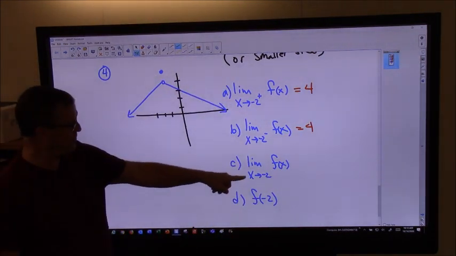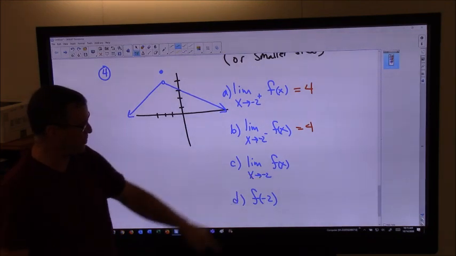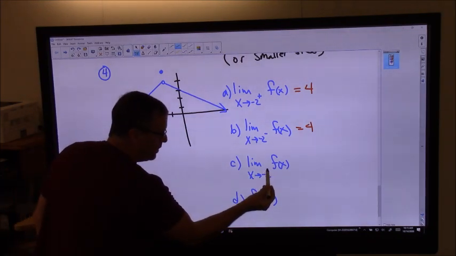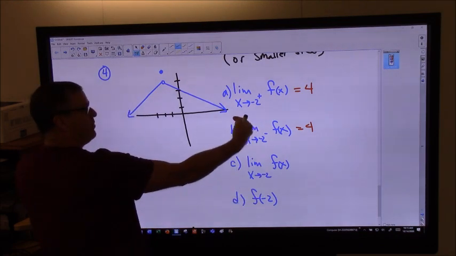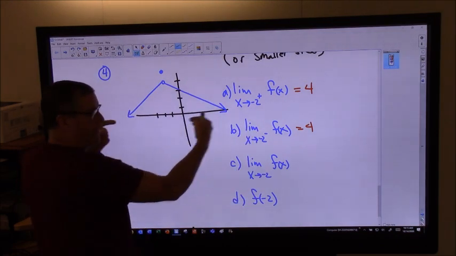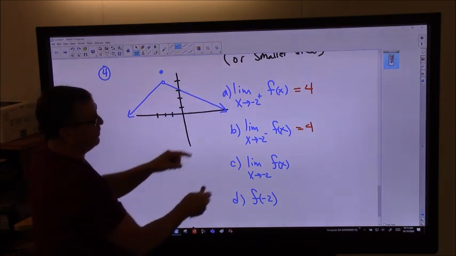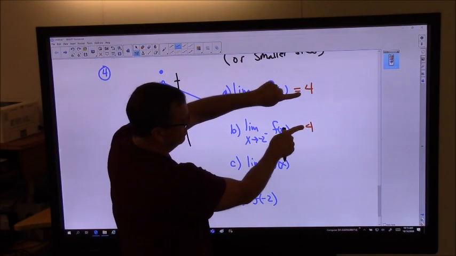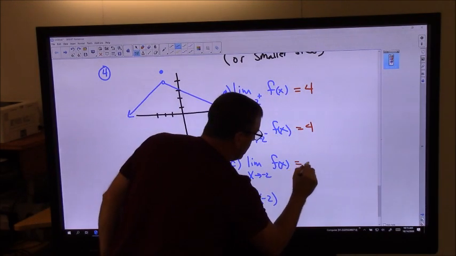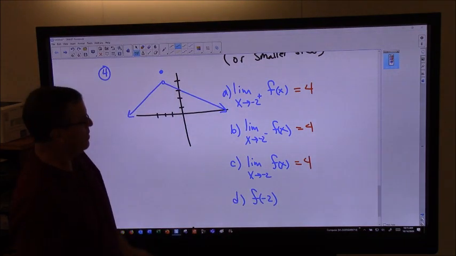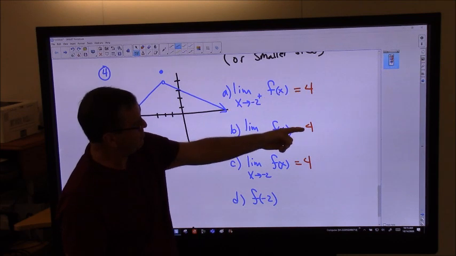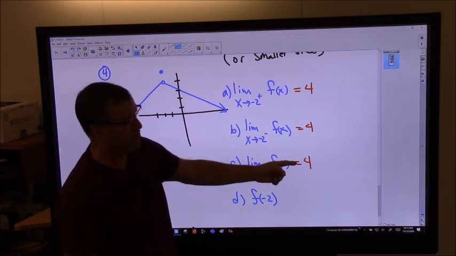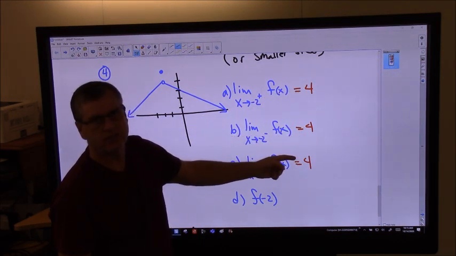So what's the limit as x approaches -2 of this function? Well, now since there's no plus or minus sign here, it means now I have to consider both directions. And the two answers have to agree with each other, which I can see right here they do. So answer's 4. Now if this was approaching 3 and this was approaching 5, then here I'd say does not exist. Right?